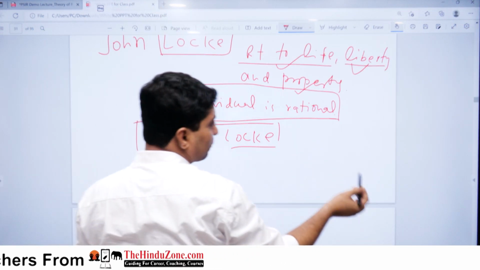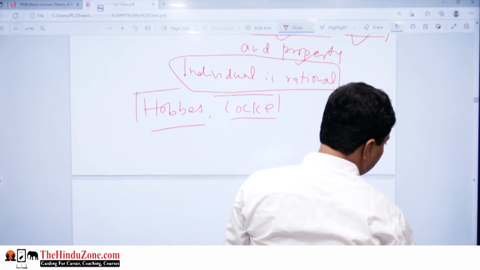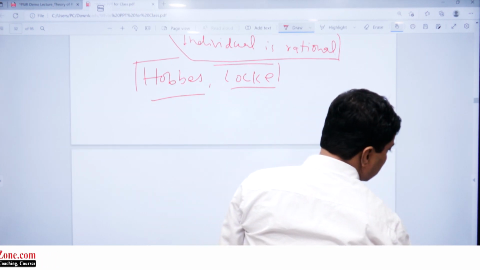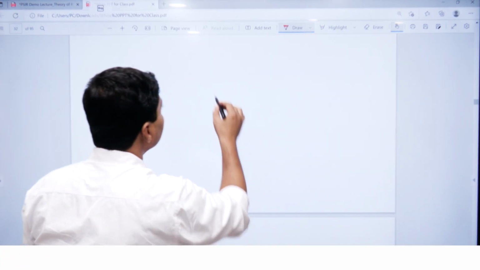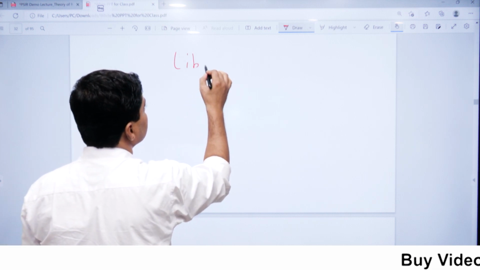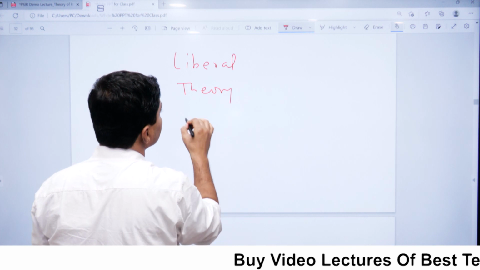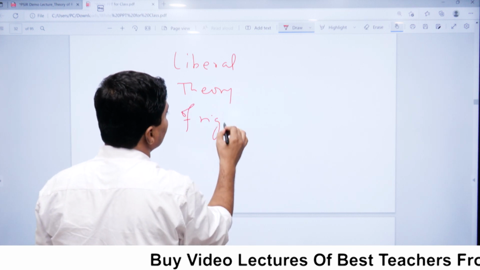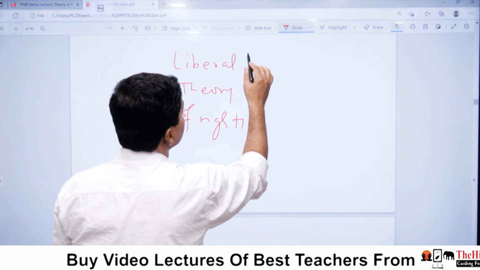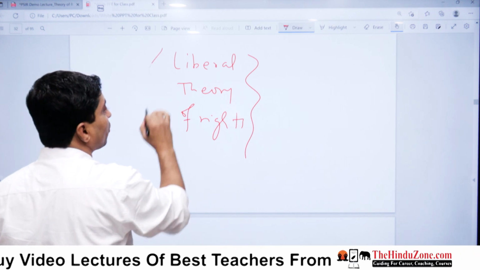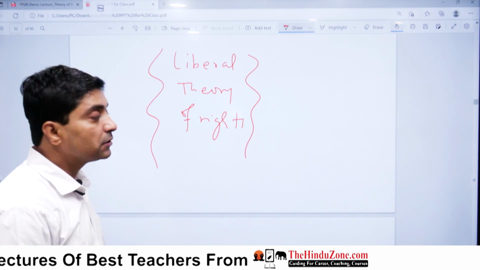We have talked about various theories. Now we need to just categorize. For example, we talk about the liberal theory of rights. What does the liberal theory of rights talk about? Who are the exponents of the liberal theory of rights?